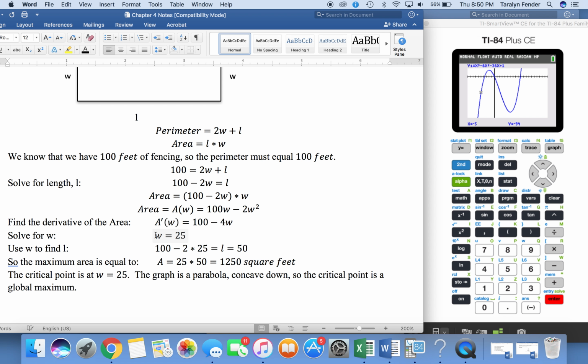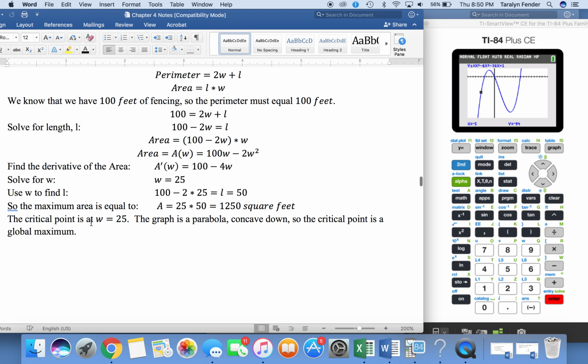Take the derivative and set this equal to 0. Plug this 25 back into my length formula, and I get that my width is 25, my length is 50. If I multiply those two, then I get the total square feet. So there's a critical point at w equals 25. The graph is a parabola, it's concave downward, and the critical point then is going to be a global maximum.